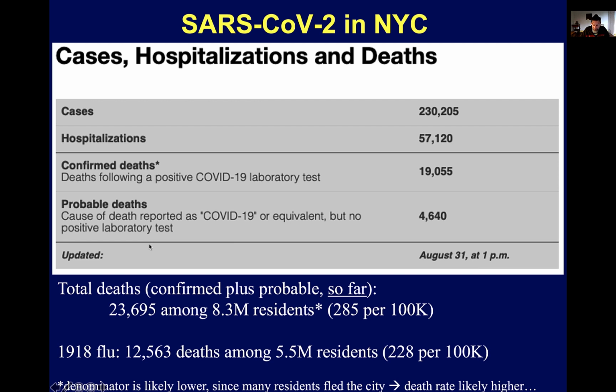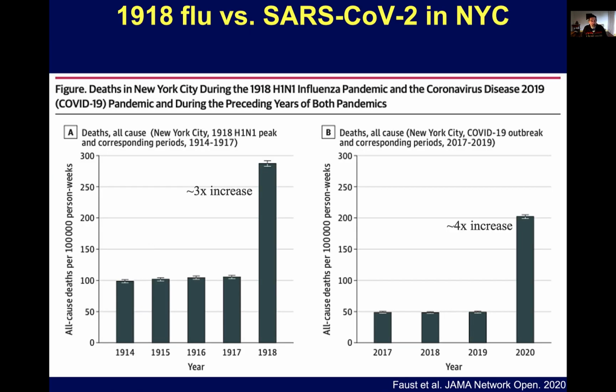Indeed, there was a recent paper in JAMA that compared the increase in death over time in 1918, looking at the all-cause death rate, which hovered around 100 deaths per 100,000. And when pandemic flu hit, there was a threefold increase in the all-cause death rate in New York City.